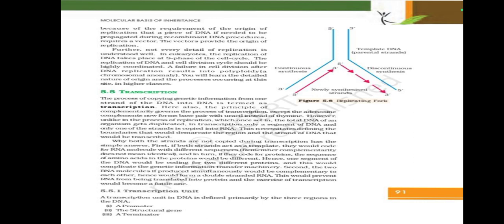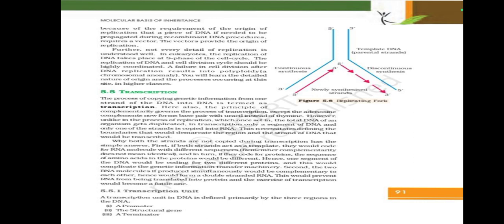Firstly, if both strands act as a template, they would code for RNA molecules with different sequences. Remember, complementarity does not mean identical, and in turn, if they code for proteins, the sequence of amino acids and the proteins would be different.